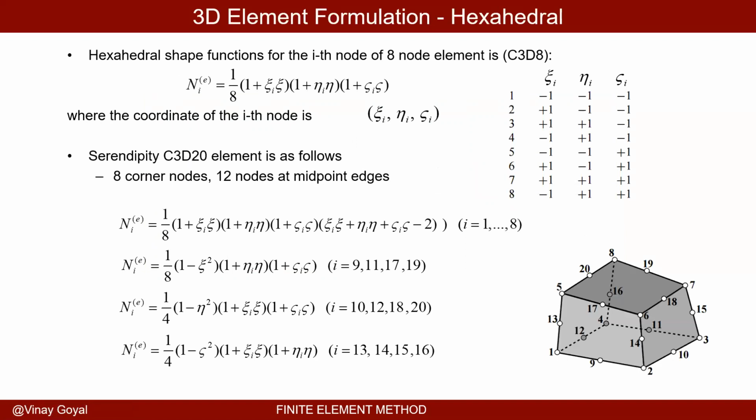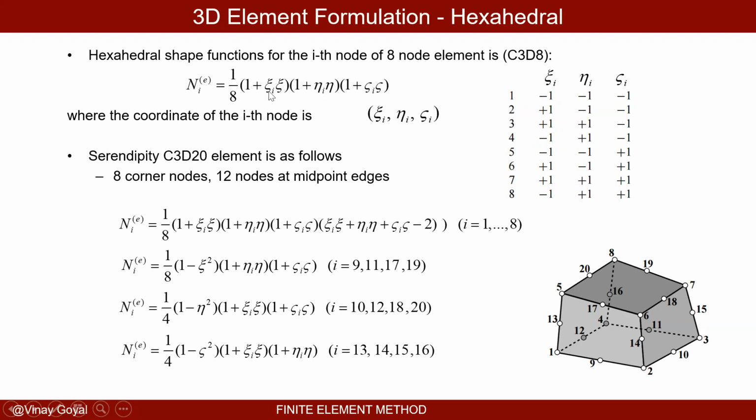Let's look at the shape functions for an 8 noded element. The shape functions for 8 noded elements are given by this right here. Now you may ask me how you use this. Well, the first shape function is N1. So you go here to this table, number one, N1, and these are the numbers you're going to plug in for psi i, eta i, and zeta i. By plugging these numbers in, you get your first shape function. And then you look at the second shape function as well.